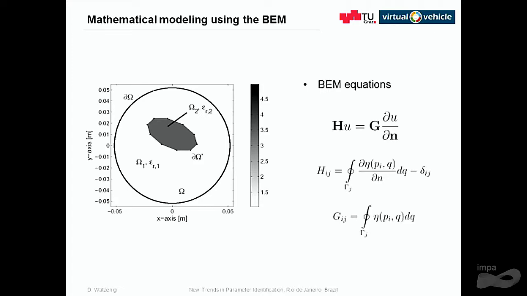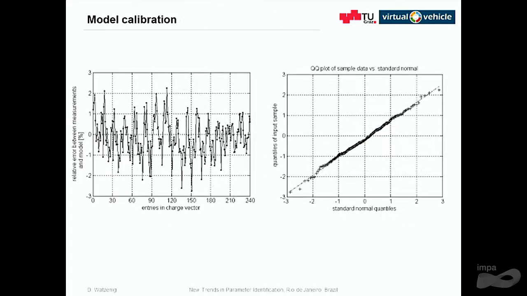We can actually go for the boundary element equation, and the other benefit is if we are interested in recovering the contour, so the shape of the inclusion, then it makes sense to go for the boundary element equation, where we then come up with the system of linear equations with the so-called influence matrices.